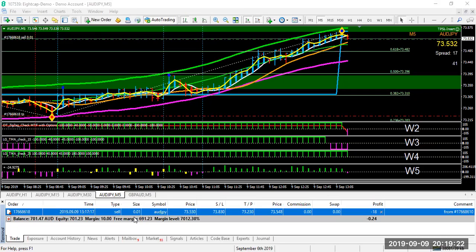So in this way, by closing a portion of it, we've adhered to our achievable targets, and we've exited some of the trade at that point.